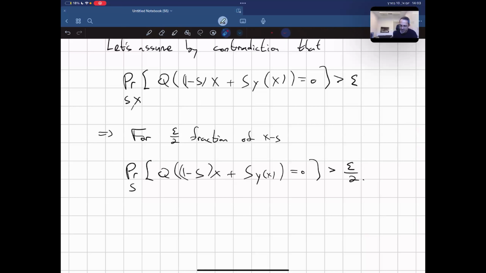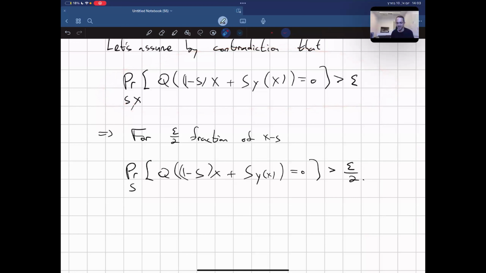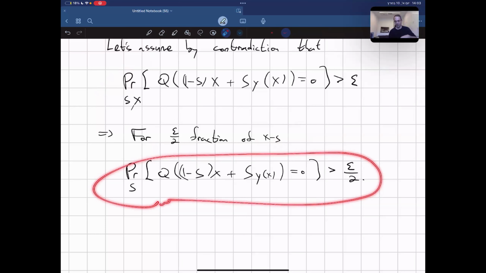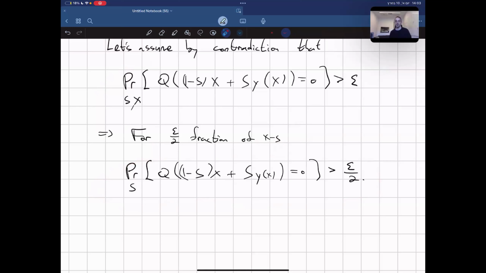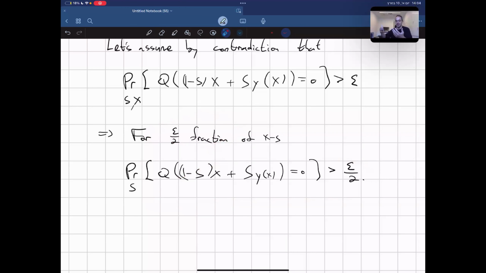What I'm saying is that if this happens with probability at least epsilon over s and x, then for at least epsilon over 2 fraction of the x's, it must be the case that when you go over all s's, you get at least epsilon over 2. Because if less than epsilon over 2 fraction of the x's meet this, then you won't have enough to get a total of epsilon.